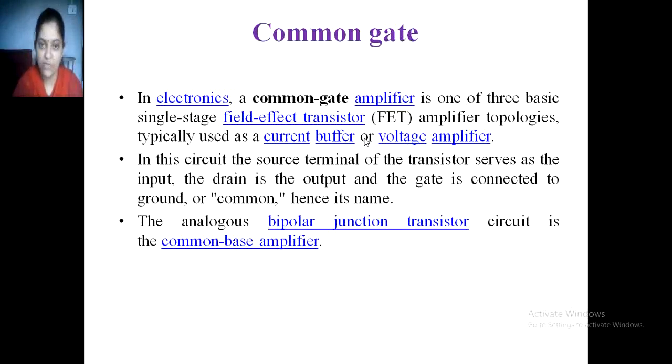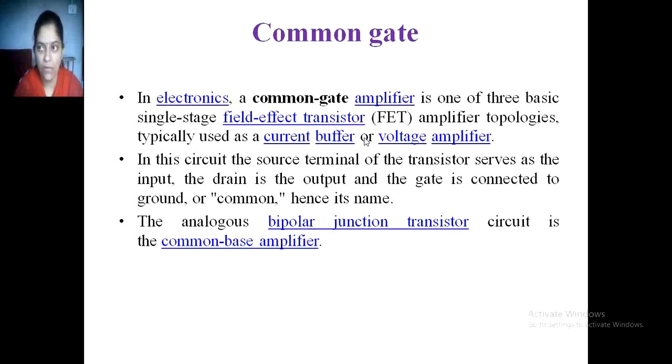Already we have seen what the common configuration means: the two-port network which is required in a circuitry. For a two-port network, 4 terminals are required, 2 for the input side and 2 for the output side. But for the JFET, there are 3 terminals, that is gate, drain and source.